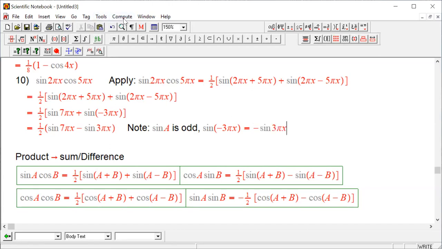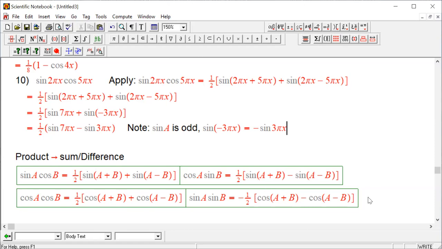Odd function. That's it. You can see we have variety, so sometimes one of these formulas will be used. I'm going to save number 11 for you, and we're going to move on to number 12.